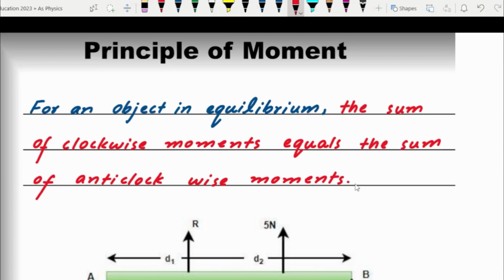You can write about any point or about a point, because we always take a pivot before we start calculating the moment of a force.